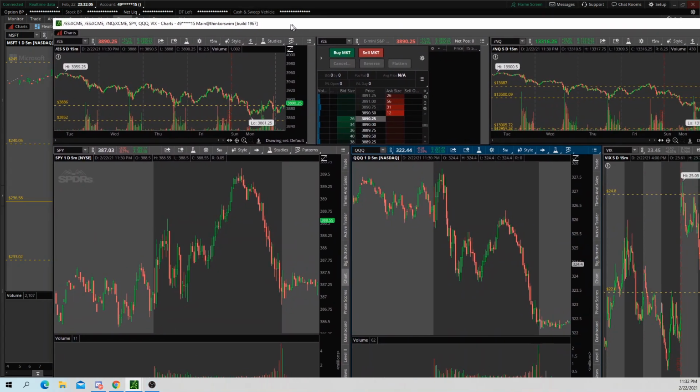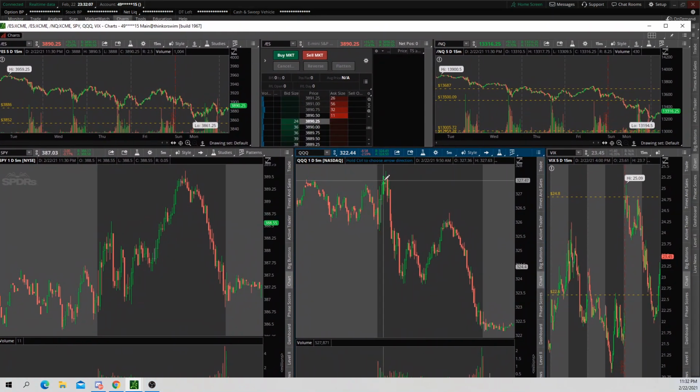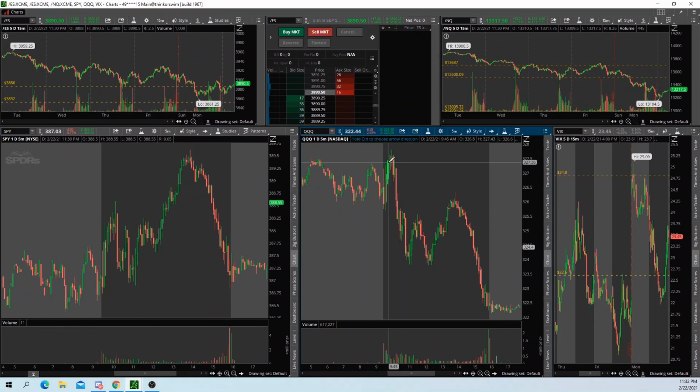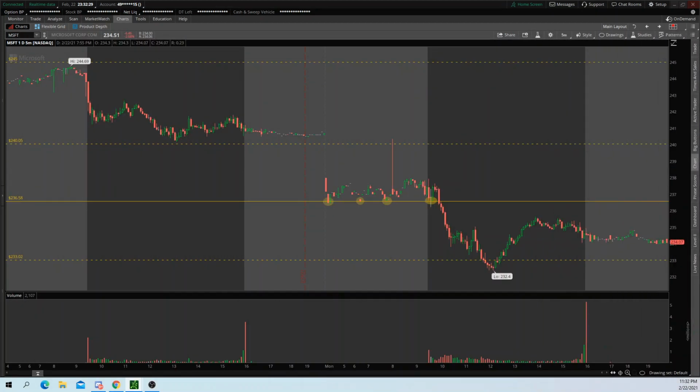At the same time, QQQ at 9:45 is breaking above high of day. I understand that it was only 15 minutes into the open, but it was breaking over the highs, and it continued to go higher for some time. Whereas, like I said, Microsoft couldn't go higher after that.